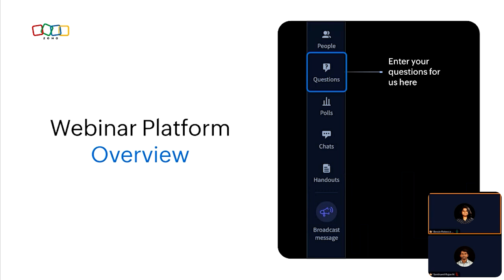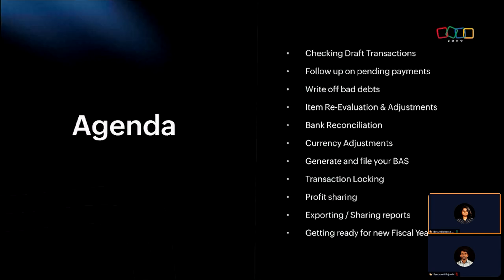Let me quickly run you through today's agenda. In this session, we will cover the tasks to be done in essential areas such as reviewing sales and purchase transactions, reconciling your bank accounts, and inventory reevaluation. Additionally, we will also touch upon important compliance measures, including your BAS generation and filing, and currency adjustment to ensure that your financial records are accurate and up to date.